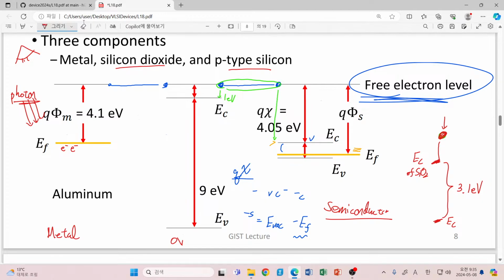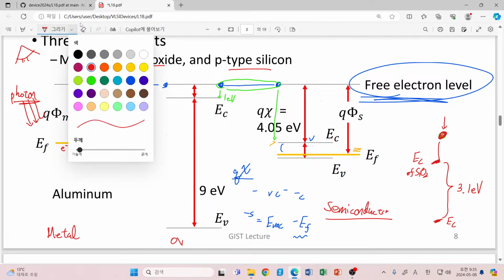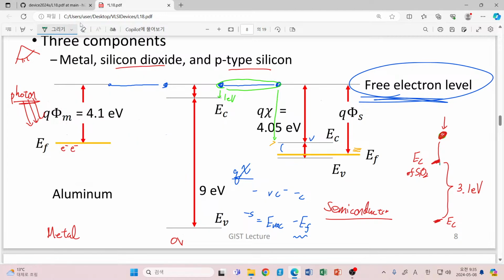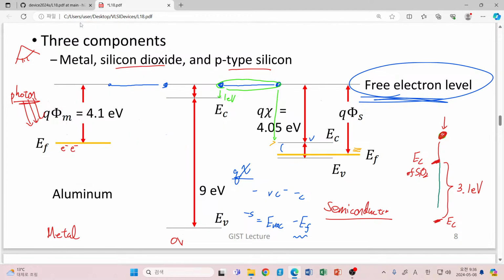So from the viewpoint of our silicon conduction band electron, silicon dioxide can be regarded as a potential wall whose height is just 3.1 electron volt. Okay, so are you with me?